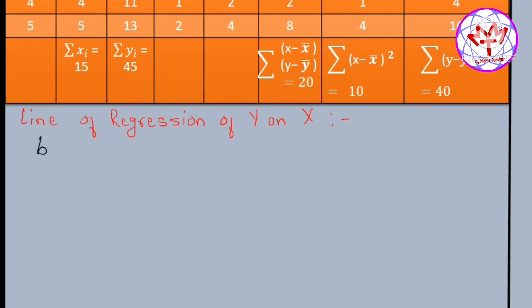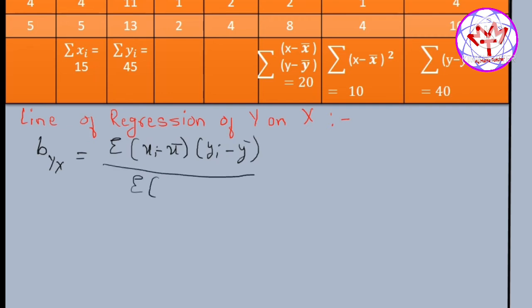Now we know that byx is equal to summation xi minus x bar into yi minus y bar upon summation x minus x bar the whole square. So from table we get these values as 20 upon 10. So that is equal to 2. So your byx is 2.